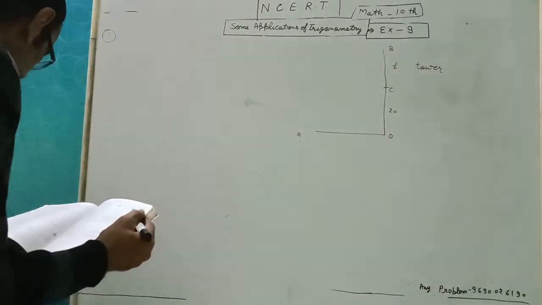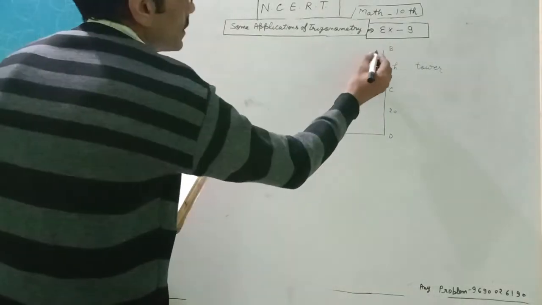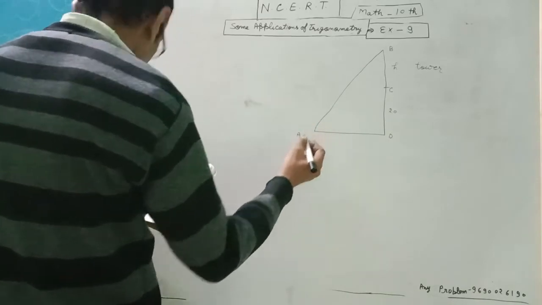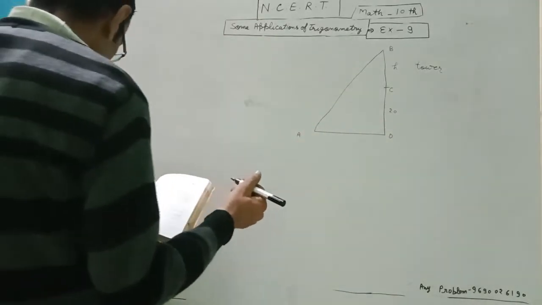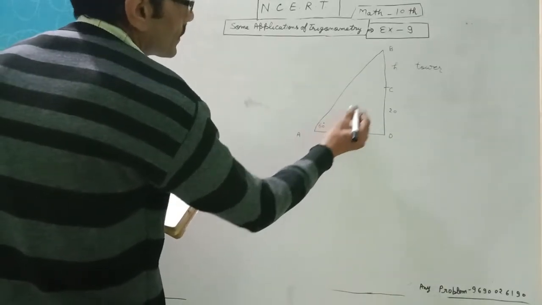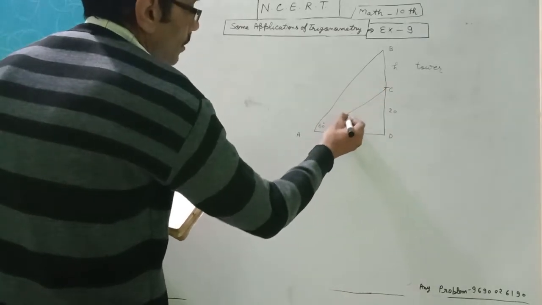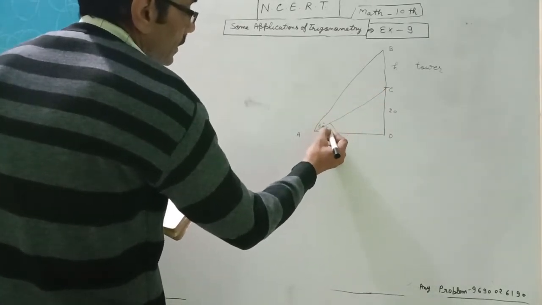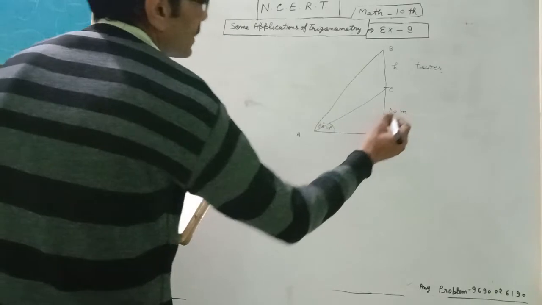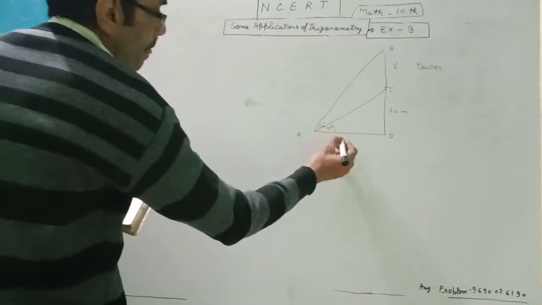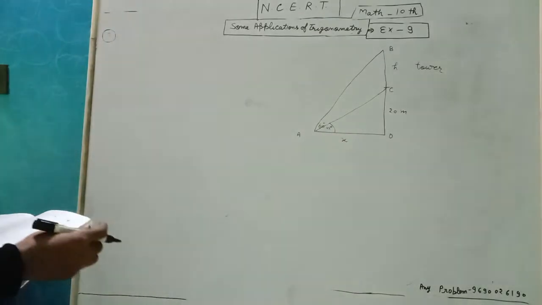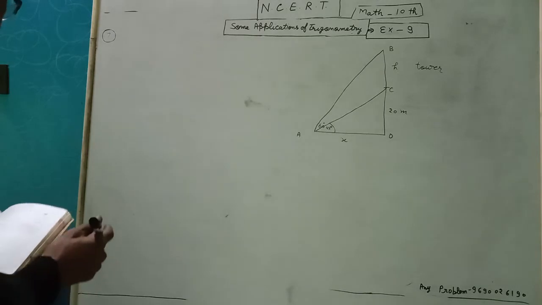At point A, to see the top of the transmitter tower, the elevation angle is 60. Then for the bottom of the tower, the angle is 45 degree. We find the value of H. Question number 7.